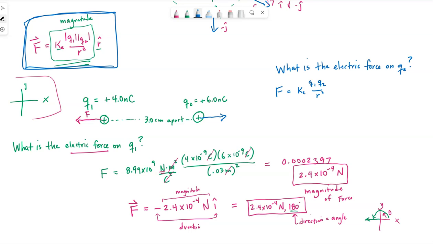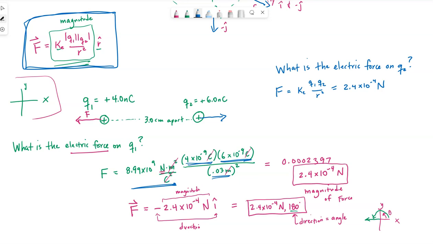That will be the magnitude. But that's what we just solved for down here. We needed the constant. We needed to know how much charge was on Q1 and on Q2, and then how far apart they are.